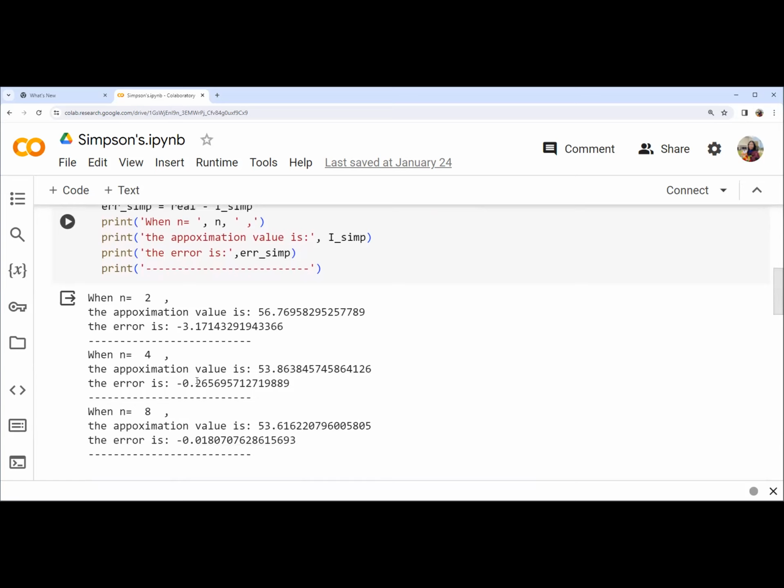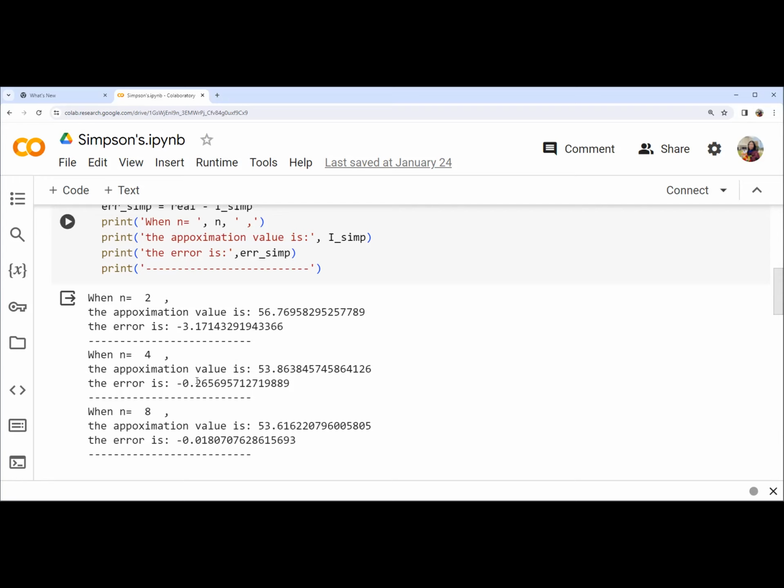For the elementary Simpson's rule, the error is 3 point something. Now if we use more nodes, n equals 4, the error decreases to 0.265 something. If you use more nodes, n equals 8, then we have a more accurate result, and the error is 0.018 something.